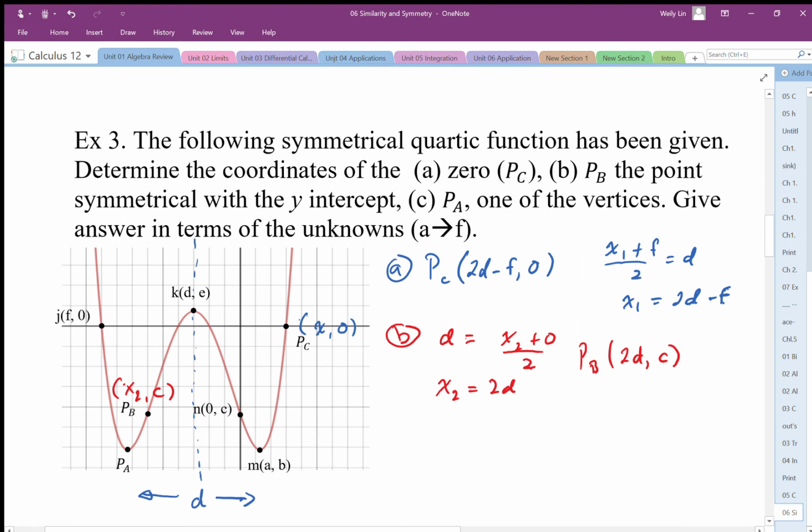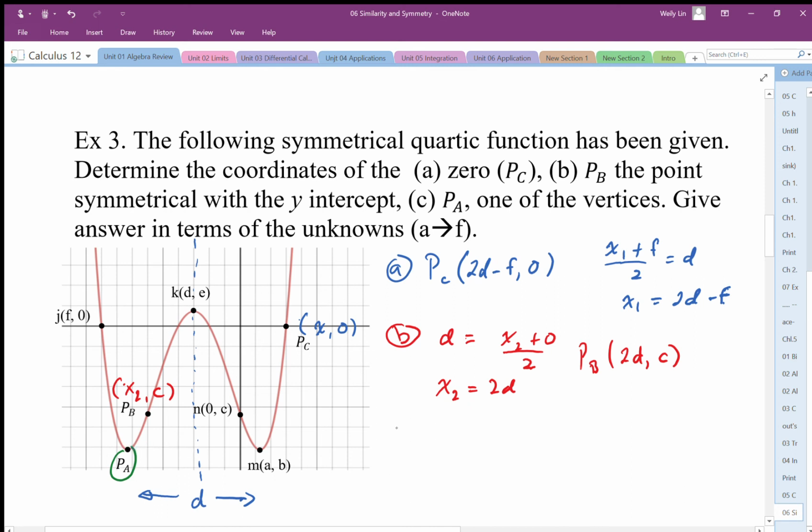Okay. This point, point A, which represents the symmetrical point to the vertex, again, we can just do the same thing. I can find some vector from D to B, so B minus D, and then reverse that vector, go D minus B, add it onto D to get to that point.